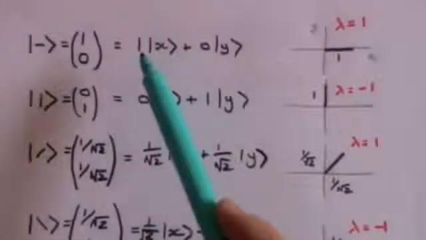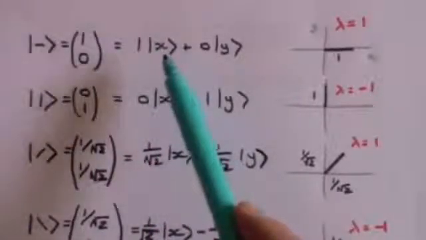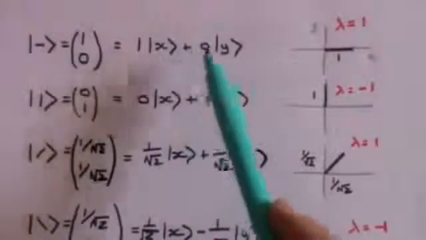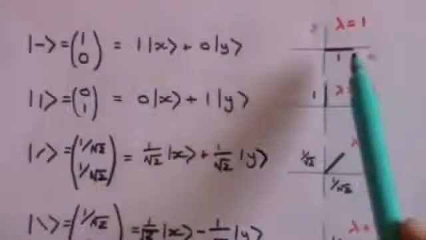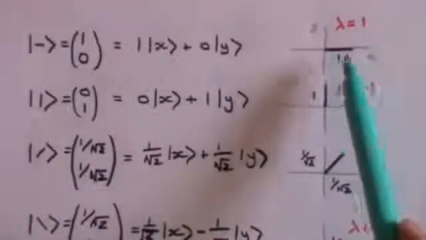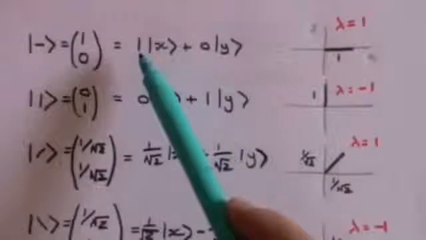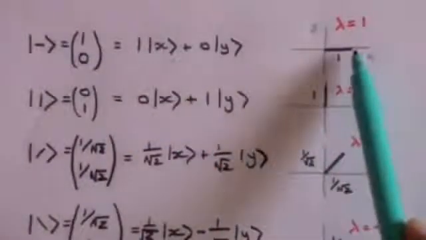You could write that as being 1 times the x, where x is the horizontal component, plus 0 times y, because if it's horizontal it's not vertical and y is the vertical component. And if you were to plot that on an xy diagram, this is the x-axis, this is the y-axis, then this would be entirely along the x-axis, and its length would be represented by the length of here, that's 1, and it's entirely on the x-axis.